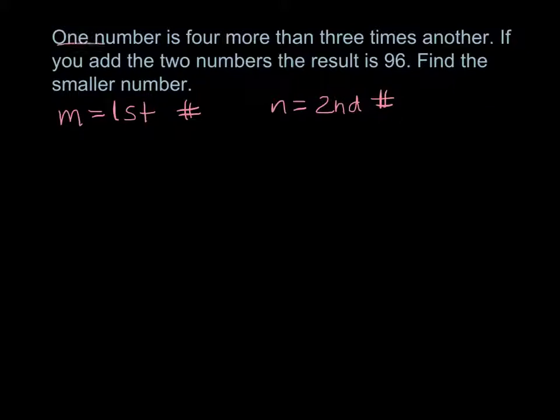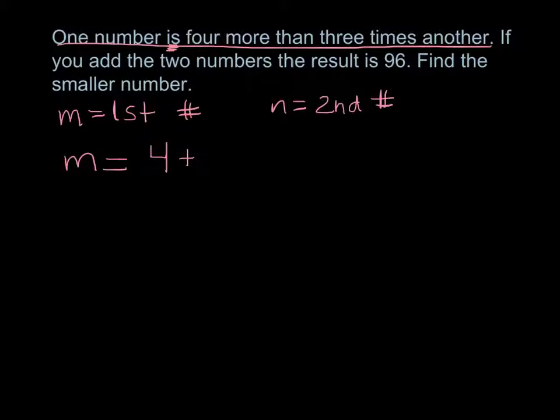It says one number is 4 more than 3 times another. So one number, m, is, which means equals, 4 more than, which means plus, 3 times another. So 3 times, we multiply by 3.